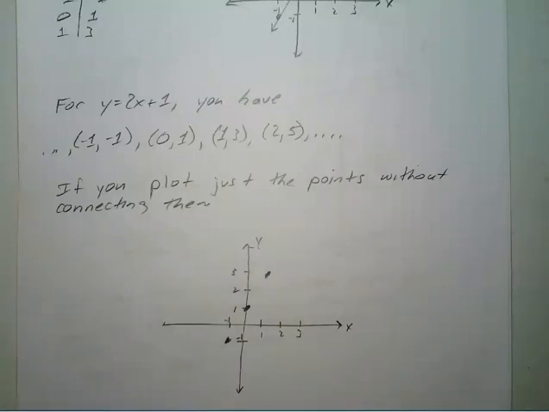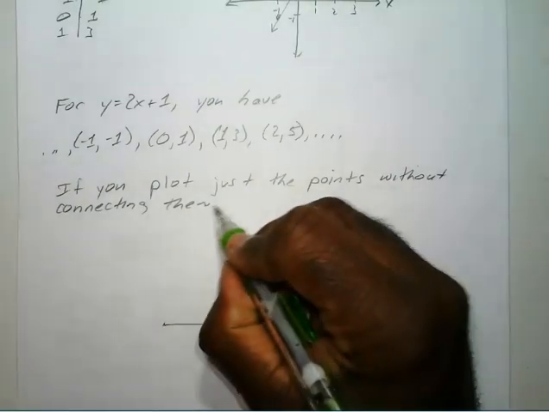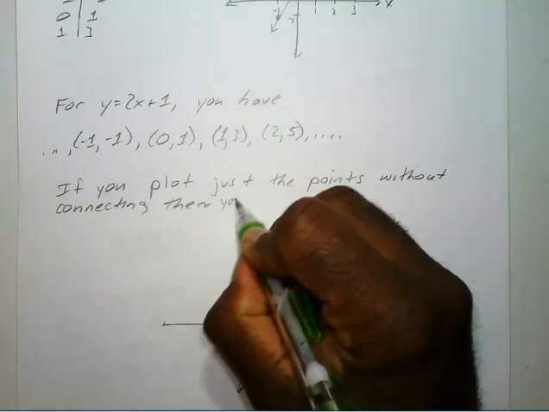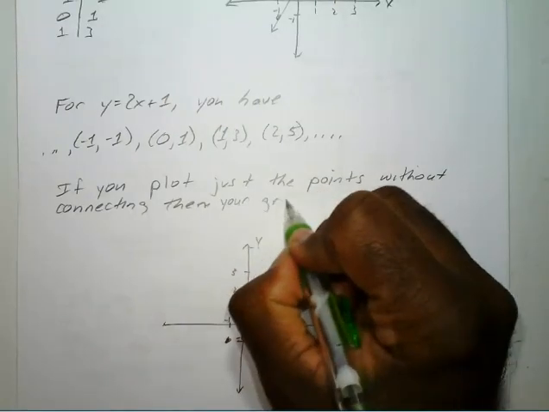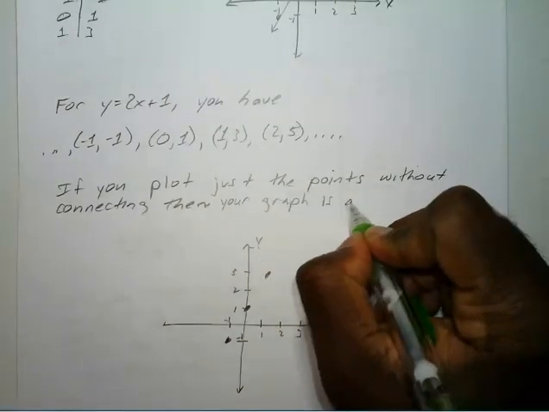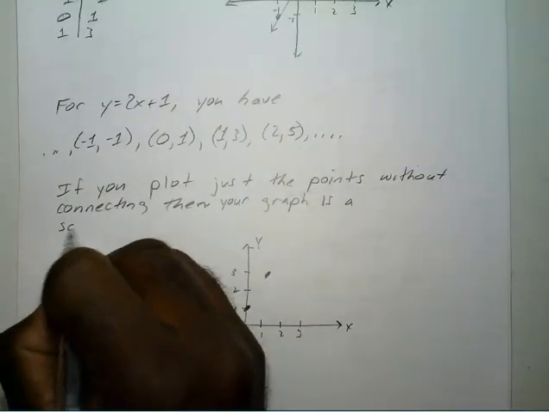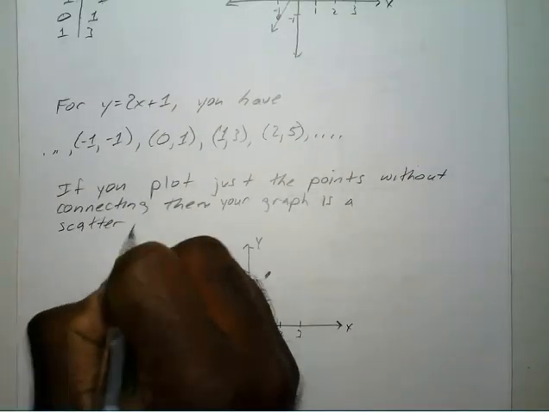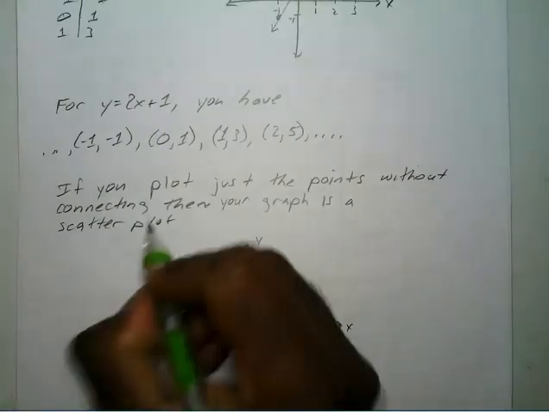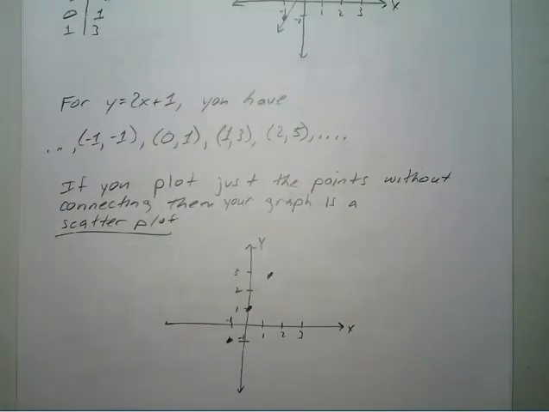If you have just the ordered pair points plotted here, then what you have is called a scatter plot. Then your graph is a scatter plot. And it's really just a series of points on a graph.